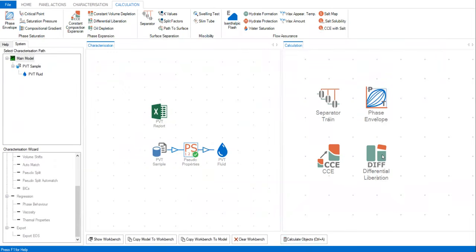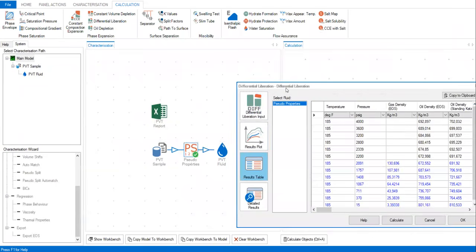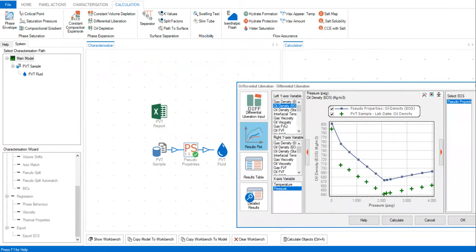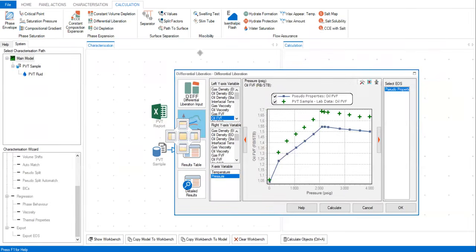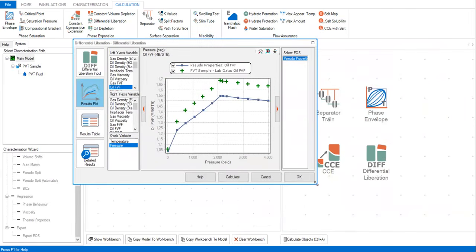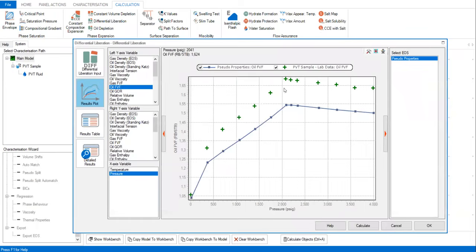Okay, this one. All right, you can see we still need to improve the quality, right? We can follow the trend for the density, formation volume factor, and then the GOR, but for the exact value, we need to improve the match.